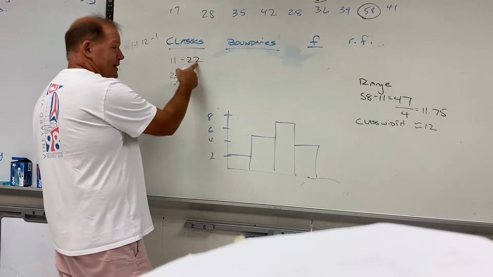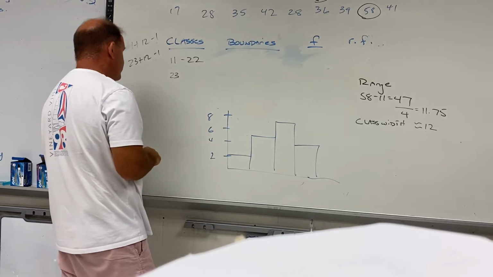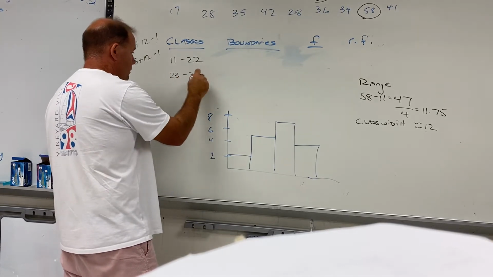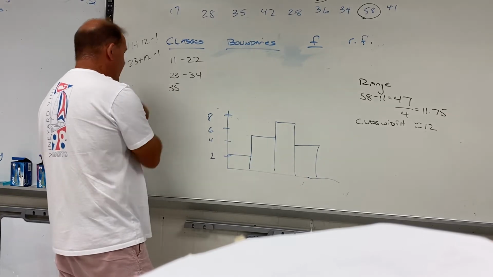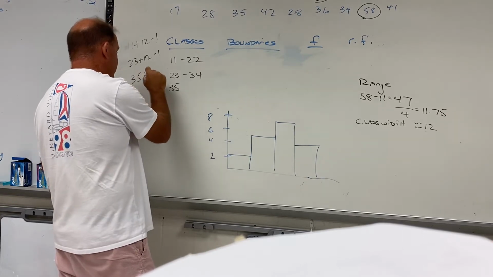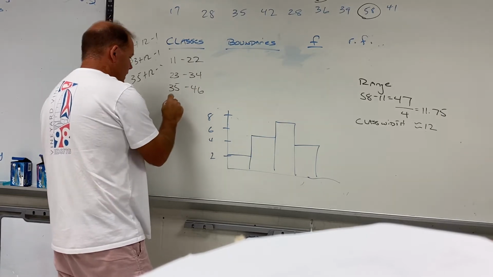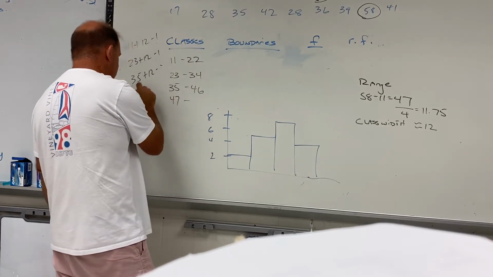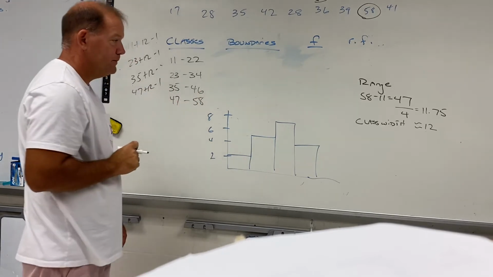Since I ended with 22, 23 plus 12 minus 1 is going to be 34. Ended with 34, I'm going to do 35. 35 plus 12 minus 1 is 46. Then we start with 47. 47 plus 12 minus 1 is 58.